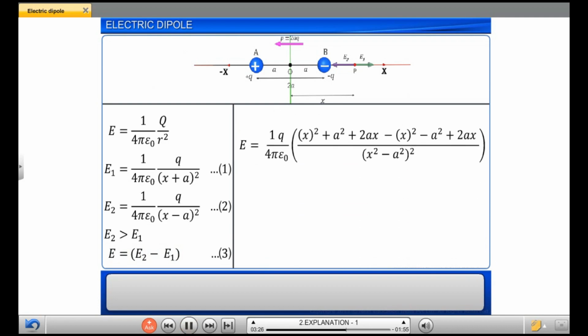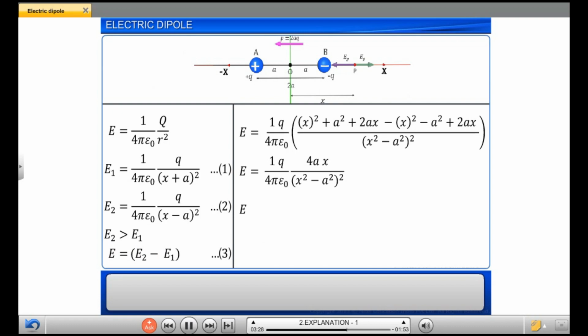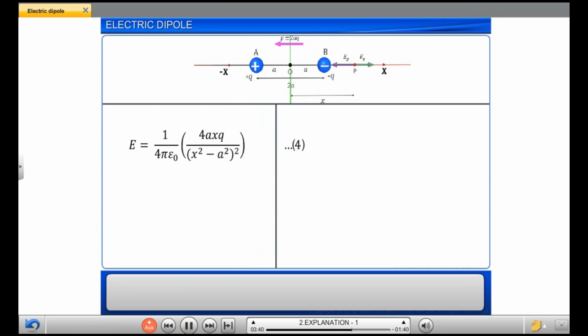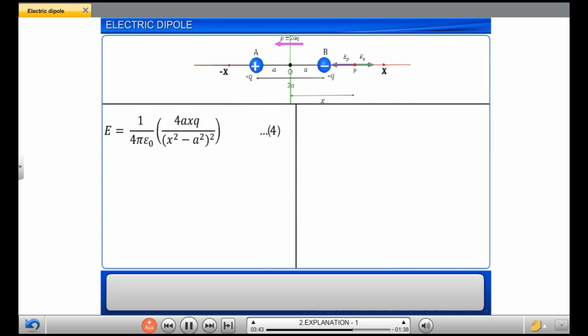Substituting the values of E2 and E1 and simplifying, we get the expression for the electric field strength E is equal to 1 by 4 pi epsilon naught 4aQx by (x square minus a square) whole square. Let this be equation 4. Simplifying equation 4, we get E is equal to 1 by 4 pi epsilon naught 2x into 2aQ by (x square minus a square) whole square.